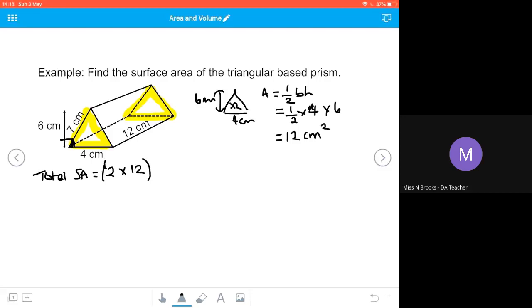Now, what about the other shapes? So you can see it's an isosceles triangle, and so this rectangle here on the side, different color, is identical to the rectangle that's on the opposite side, so kind of the sides of your tent. And they're both 7 by 12.